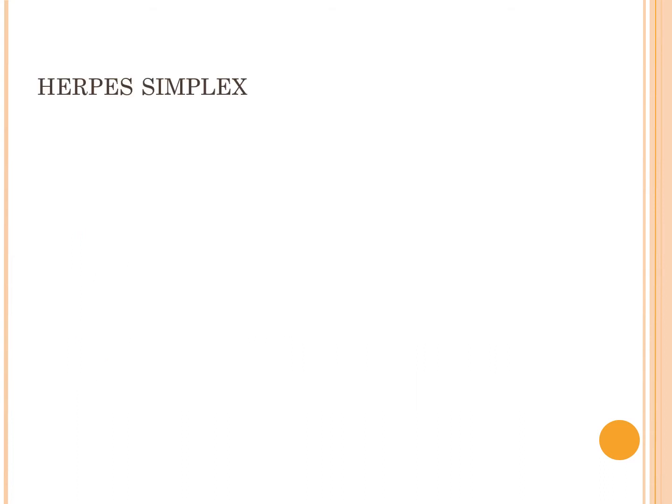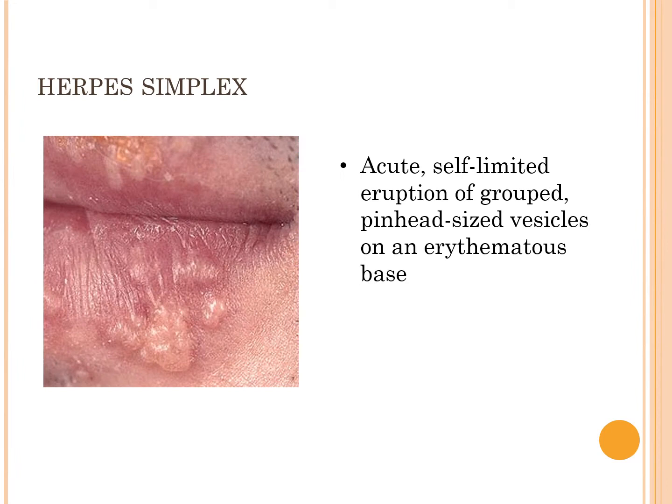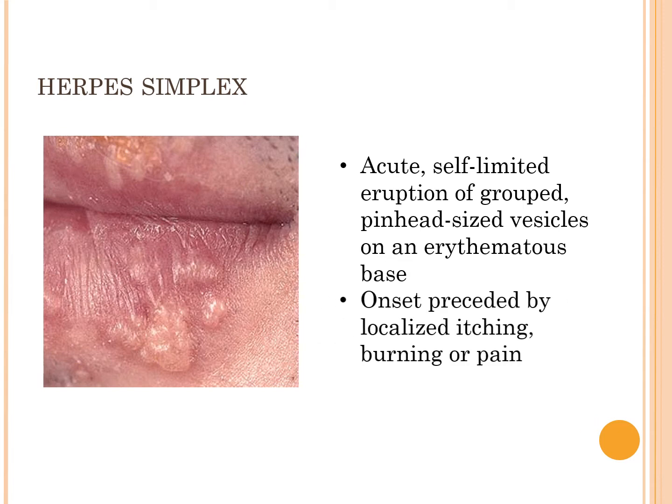Herpes simplex infections in general do present in a very similar manner. They appear as acute, self-limited eruptions of grouped pinhead-sized vesicles on an erythematous base. The onset of these lesions is usually preceded by a localized itching, burning, or pain 1 to 2 days prior to the appearance of the vesicles.